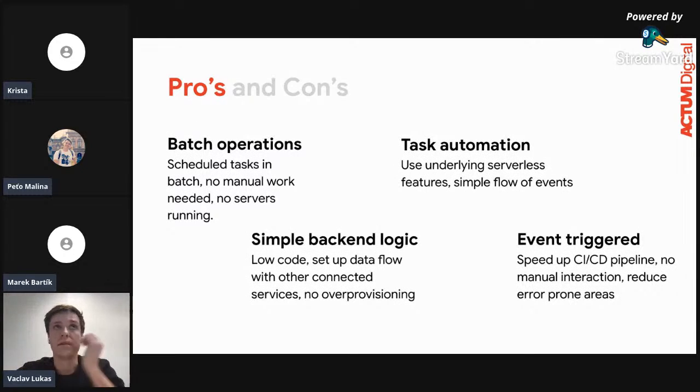With that in mind, there are some use cases that you might consider using serverless for. Such a really obvious one is the batch operations. Batch operations are an ideal use case for actions that don't need to necessarily happen immediately. For example, you get some IoT data, and then there's some operation needed on the data.